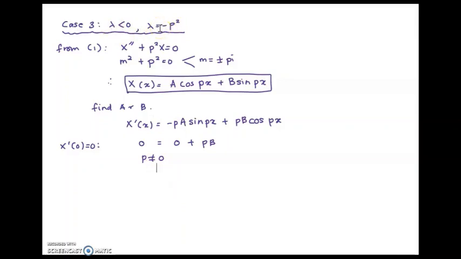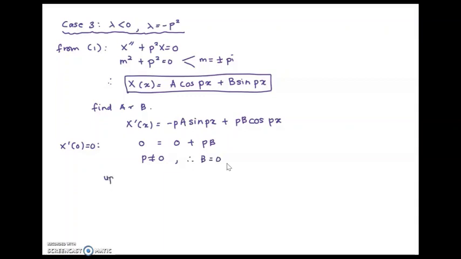We don't want that. We want lambda to be less than 0, so p cannot be 0. Then the only thing that needs to be 0 is b. So b equals 0.